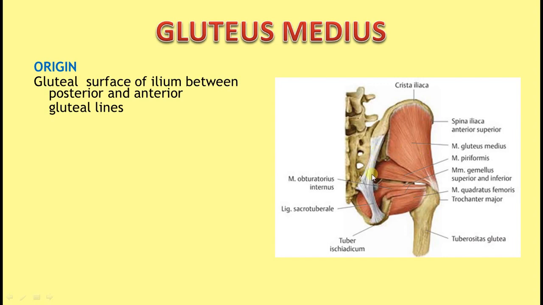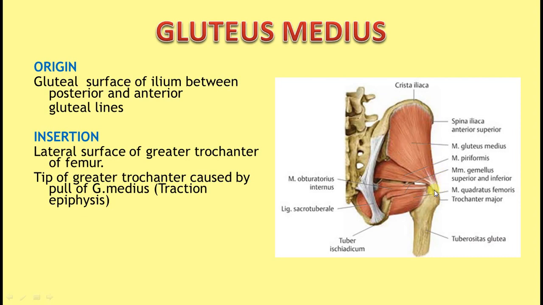Behind the posterior gluteal line, we saw all this area, ischio, then sacrotuberous ligament, sacrum for the gluteus maximus, starting from here the whole area. Now here between the posterior and anterior gluteal line, it is the origin of gluteus medius muscle.